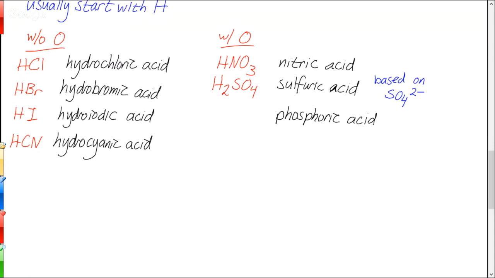So again, we would base this on the phosphate ion, which we know is PO4 with a -3 charge. So that tells us we need 3 hydrogens attached to it to make it neutral. H3PO4.